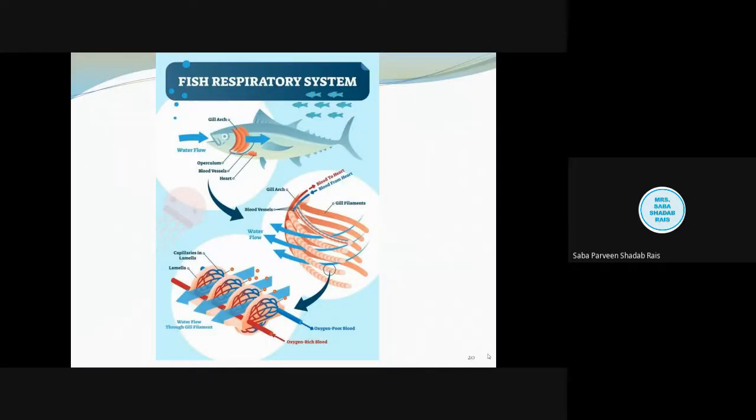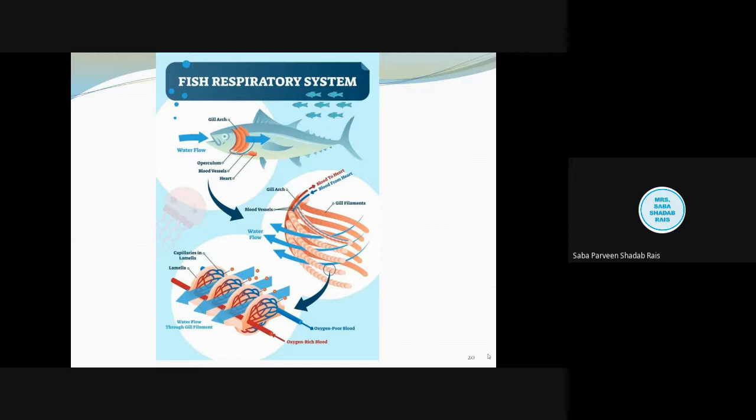In general, when we talk about fish respiration, fish are of two types: one is cartilaginous and the other is bony fish. In this particular lecture, we are going to focus on the bony fish. But in general, what is the respiratory mechanism?